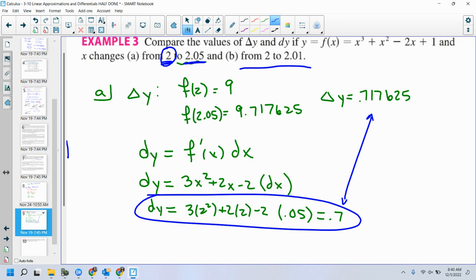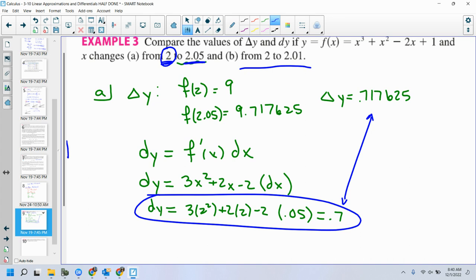We were pretty close, right? We were pretty accurate, within 17, almost 18 thousandths. That's pretty good. Now, we were comparing 2 and 2.05.